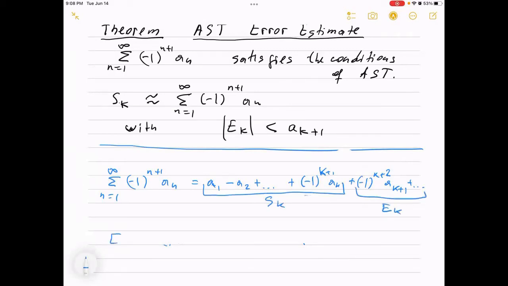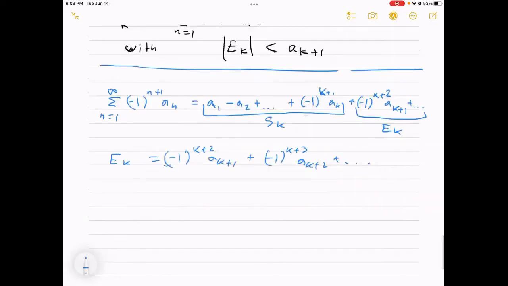And if you look at our error, it's (-1)^(k+2) a_(k+1) plus (-1)^(k+3) a_(k+2) plus and so on. So what you notice is, like we did before, you start combining by pairs here, and you're going to get that it's going to be less than a_(k+1). So it's an idea. If you write it down explicitly a couple of times, you'll get a feeling for it.